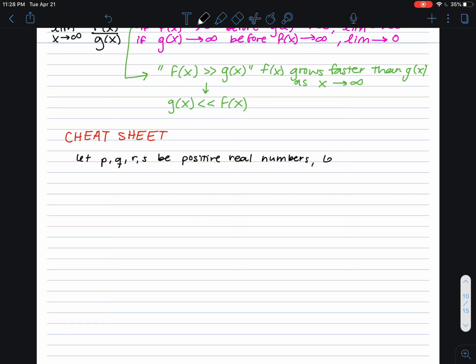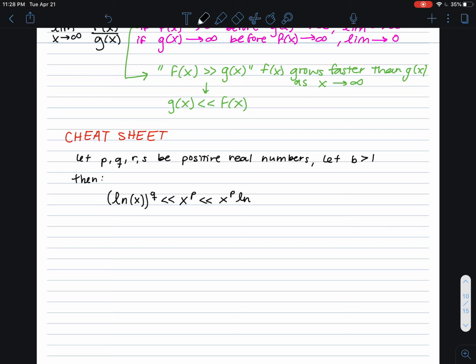And we're going to let b be greater than 1, so it's also a positive real number, but it just has to be larger than 1. Then we have the following. We have the natural log of x to some power q, so just to some positive real power, that could just be 1, so the natural log of x by itself, grows slower than x to the p, which grows slower than x to the p times the natural log.